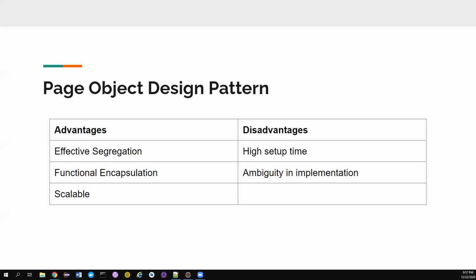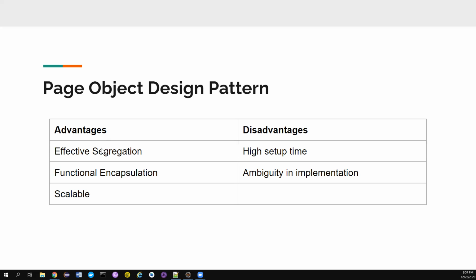Now if you see the advantages, we get an effective segregation from our test, since we are separating our tests from our page actions. We should not be telling the test to click on username and then send the keys of this particular value. All these things don't really need to be in the test, so we are moving them out of it.